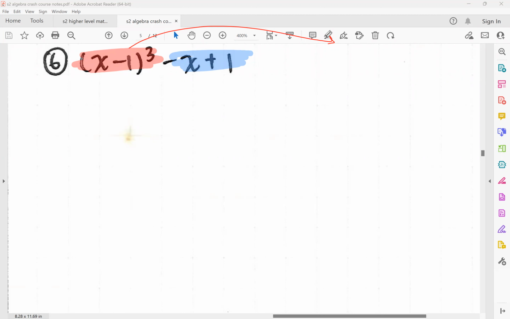Let the bracket a minus b squared. It looks like a particular concept that we learned just now. It's not exactly the same, but it's the same concept.